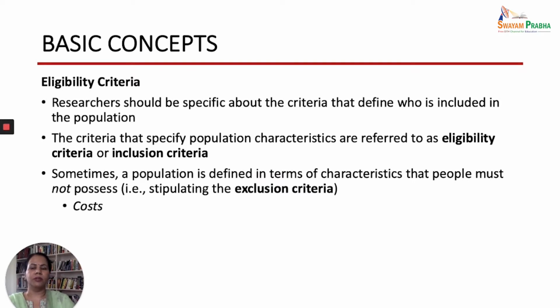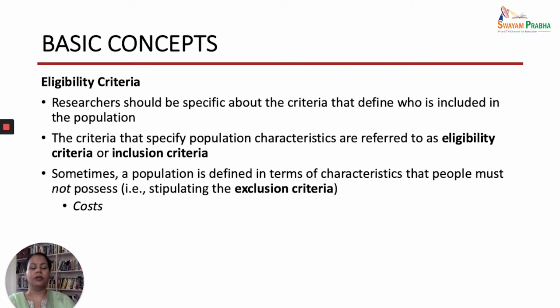Sometimes, for example, you include in your eligibility criteria that you will be including the subjects who do not know or who do not communicate in Punjabi, Hindi or English, because you need to take care that if you will be including the people who know any other language which you cannot interpret, then you have to consider the cost of the translators.